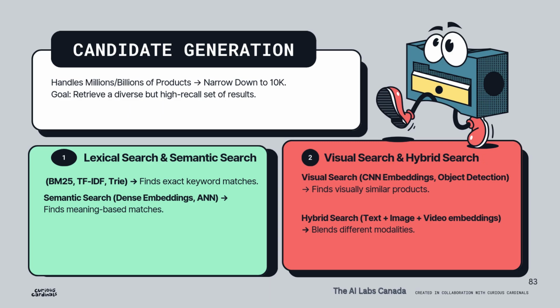Semantic search is searching based on the meaning rather than the keywords. You can use multiple algorithms here too, like dense embeddings and approximate nearest neighbor. On the visual search side, if it is just about visually similar products, you can use CNN embeddings or object detection. There is also hybrid search, which takes more multimodal approaches.